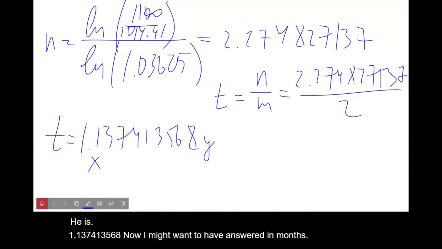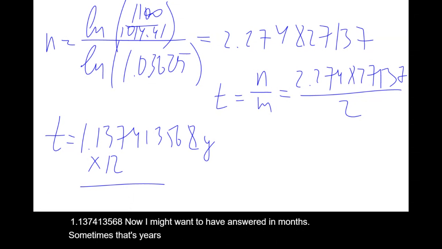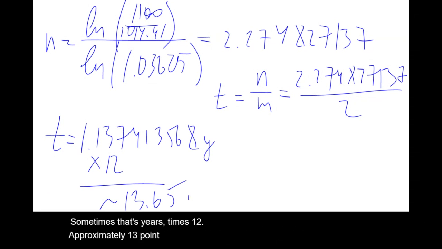Now I might want to have the answer in months. So that's years times 12, approximately 13.65 months. Well, it depends what they want, years or months.